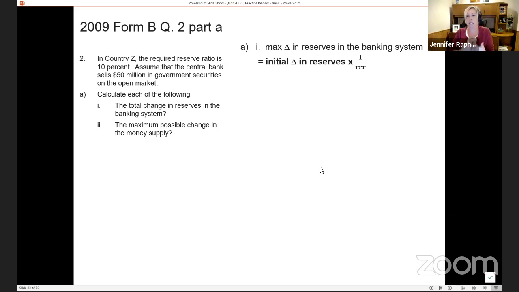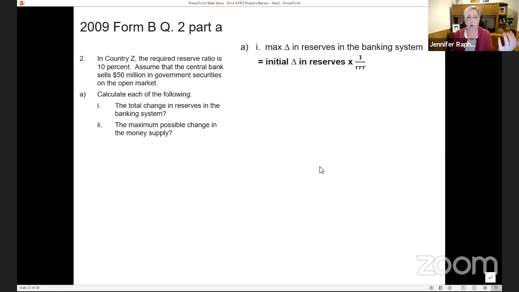So when the government sells bonds on the open market, it is collecting money from depositors who are using money in their checking accounts to purchase the bonds, right? So we would have a decrease in deposits equal to $50 million. So the banks can only satisfy those depositors who are withdrawing money by drawing down their reserves.